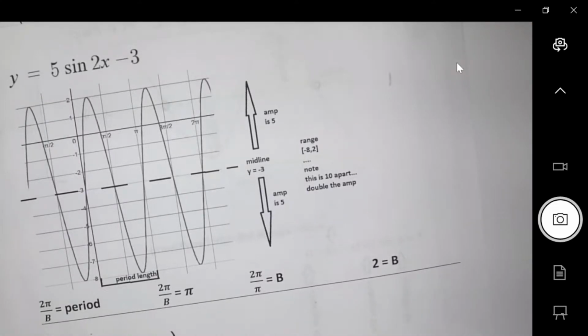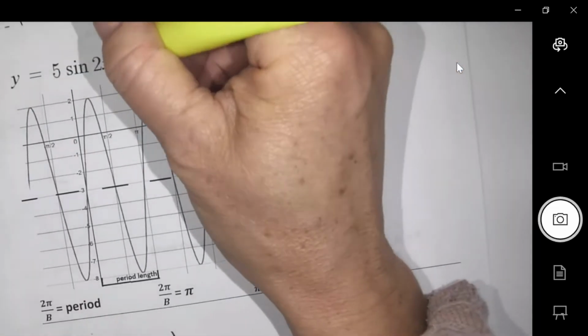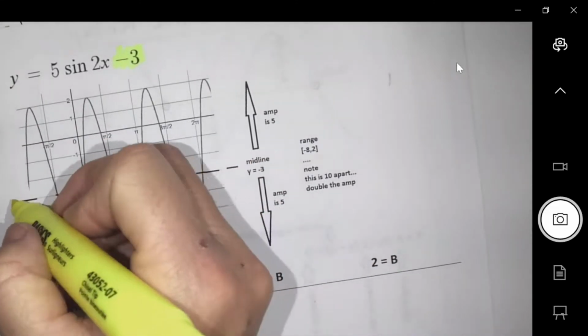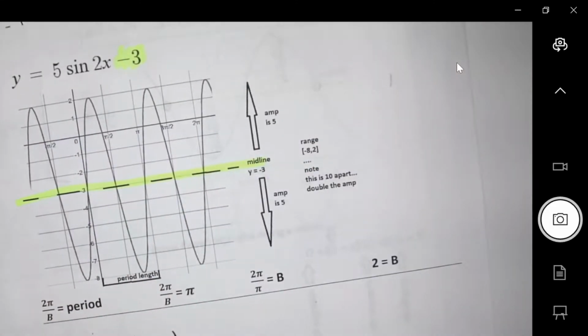So here you can see on this equation there was a -3 at the end. So what did that do to this graph? What's a -3 in this graph? The midline, it went down 3. That midline is down 3. Okay?